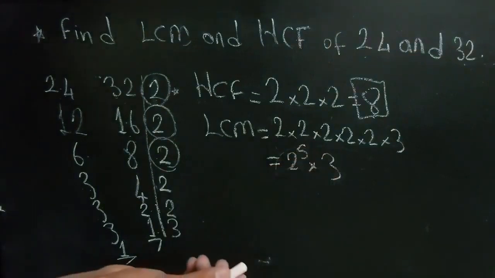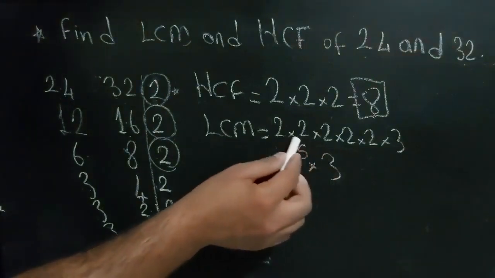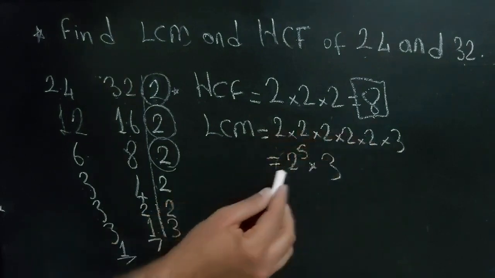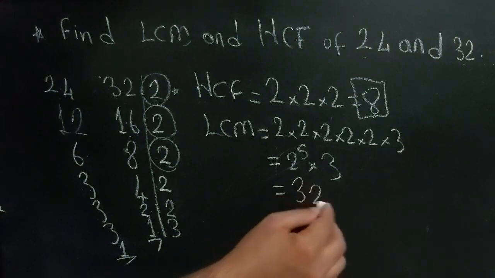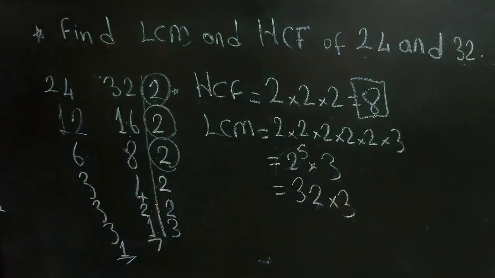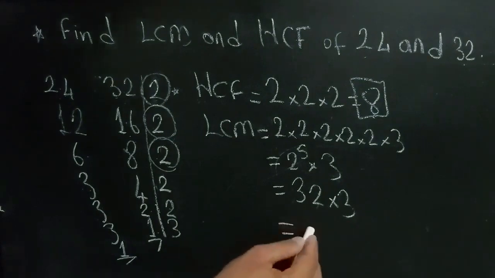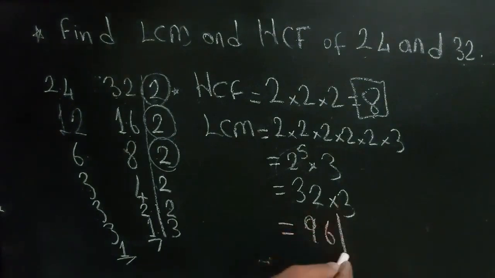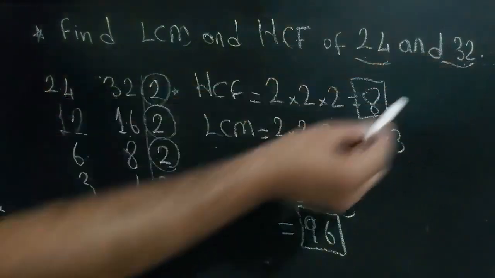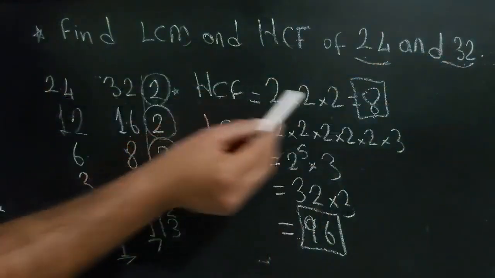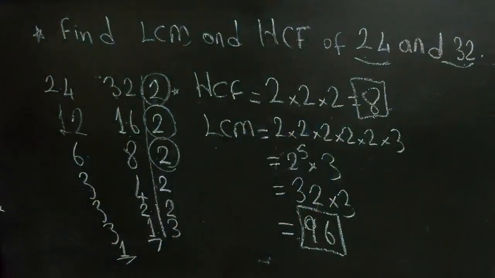That is okay. This one, 2 times 2 times 2 times 2 times 2, is going to be 32. 32 times 3 will give me 96. LCM of 24 and 32 is 96. HCF is 8.